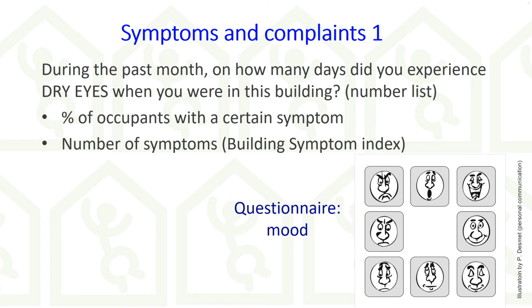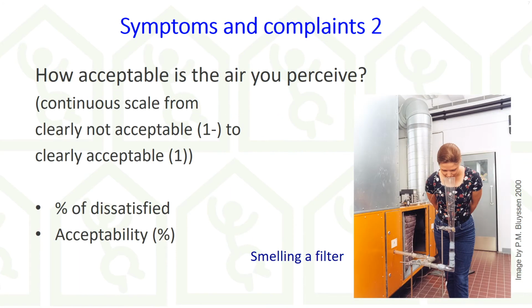But people have also been directly asked how they experience their environment by, for example, mood profiling developed by Peter de Smet, a professor at industrial design, or by a question such as this one: how acceptable is the air you perceive? With the answers, the percentage of dissatisfied or acceptability percentage of a group of people can be calculated.